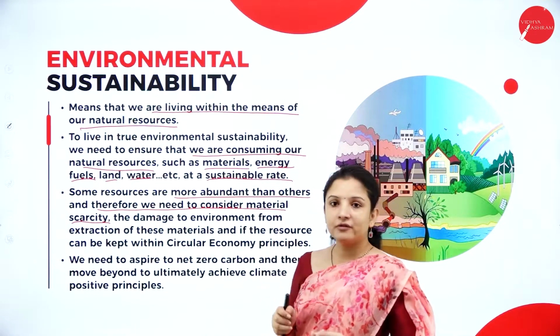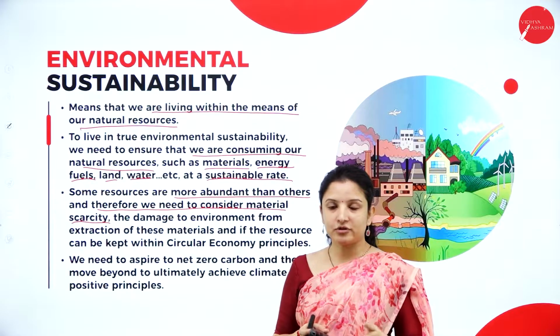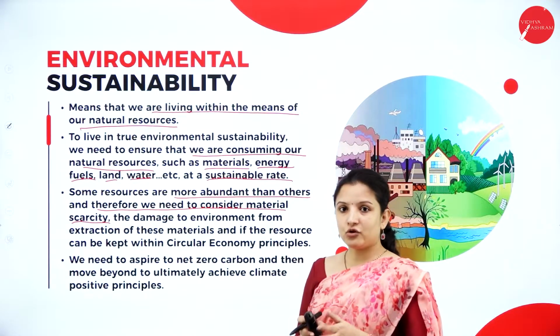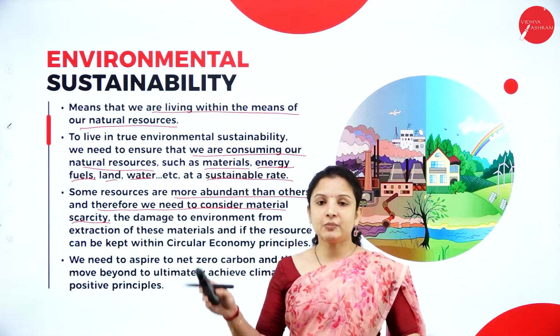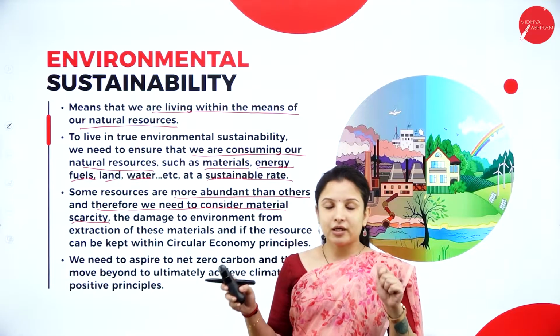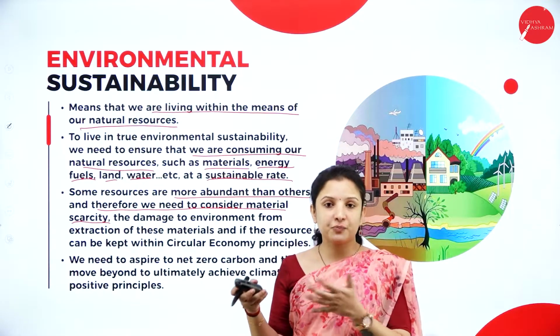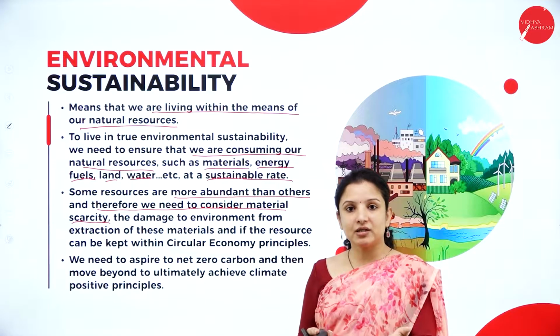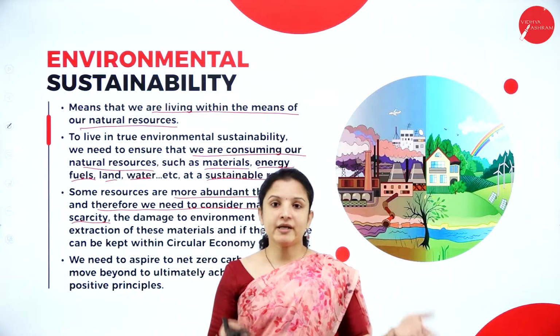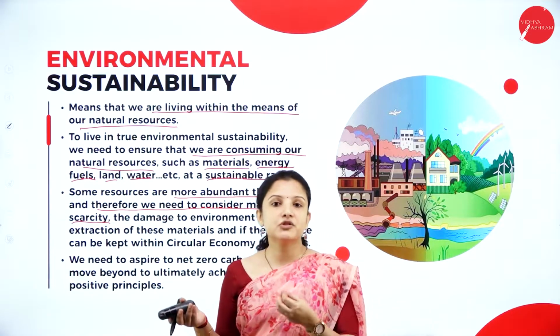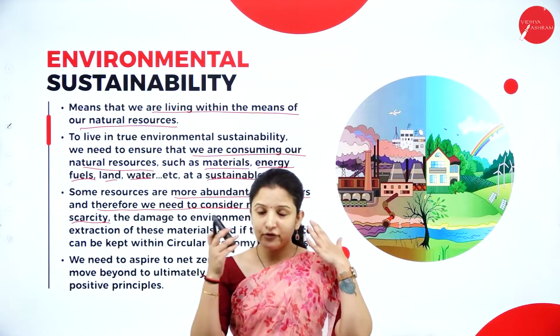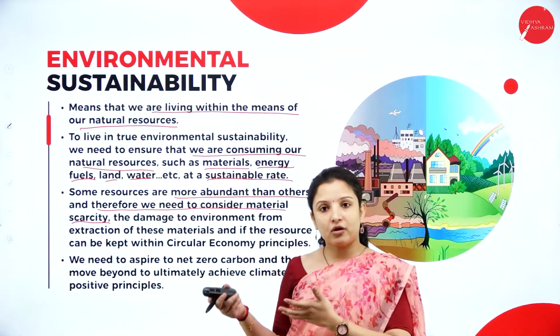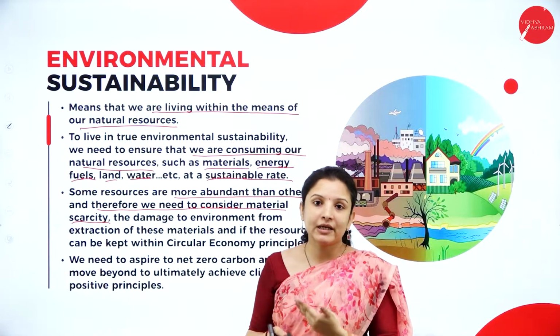But is that possible with petrol and diesel? Not that possible, right? So that is when you can consider, okay, this can be done. That is when you can consider which particular material more weightage has to be given. Say for example, minerals. There are some minerals which are quite abundant and some which are not that abundant. So why do you need to use the minerals which are not that abundant? You can find an alternative source.